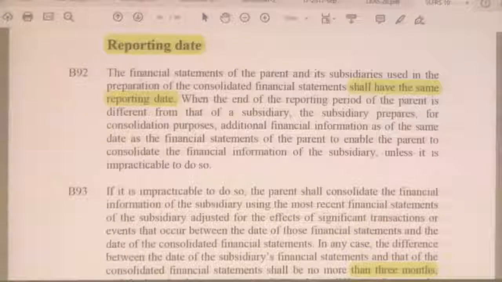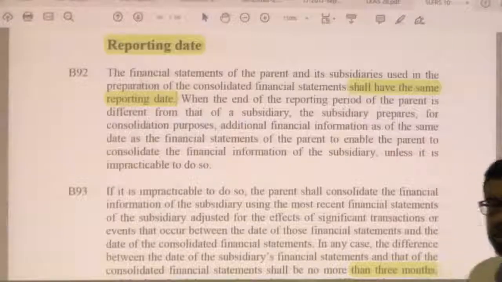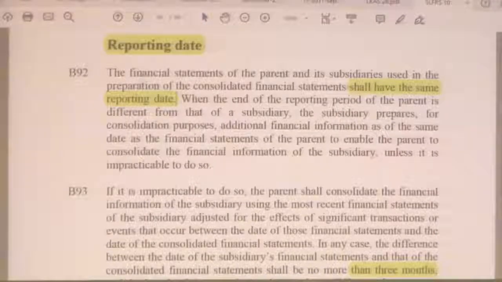Let's say your parent prepares financial statements from 1st April 2018 to 19, let's say April to March, but the subsidiary prepares January to December. Then the subsidiary should prepare for consolidation purposes from April to December. For 9 months you have to prepare, right?